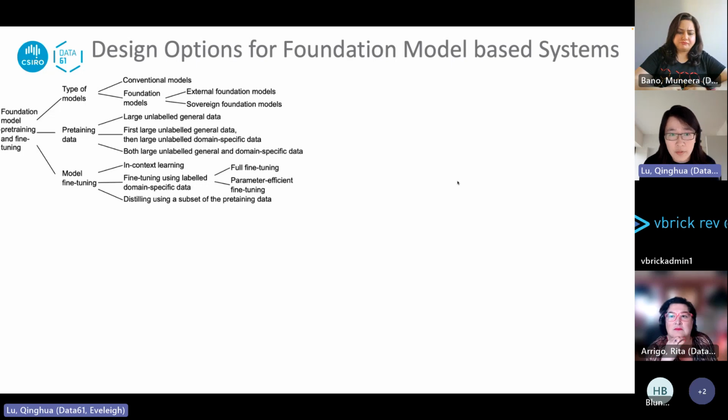So whether to use conventional AI models or use external foundation models or build your sovereign foundation model, there are different quality concerns and cost concerns. And we also analyze what kind of pre-training data can be used. For example, the large unlabeled general data or domain-specific data, and how you fine-tune the model using in-context learning or use full fine-tuning method or parameter-efficient fine-tuning method.